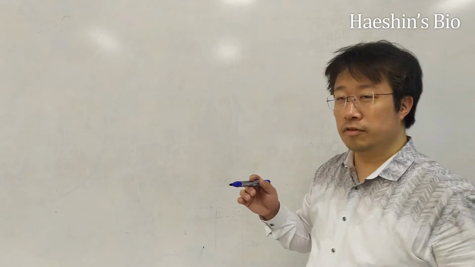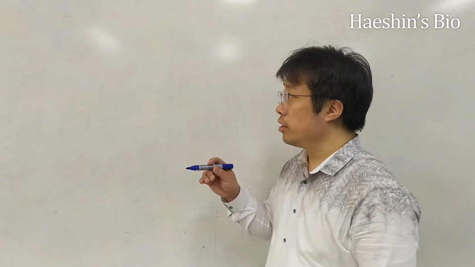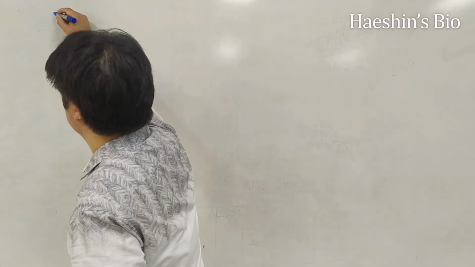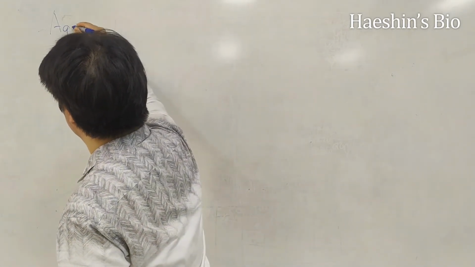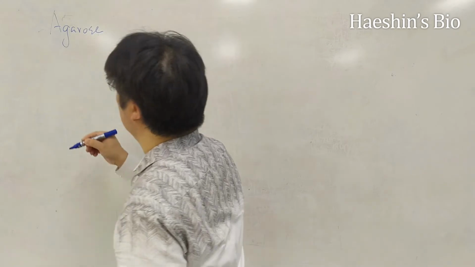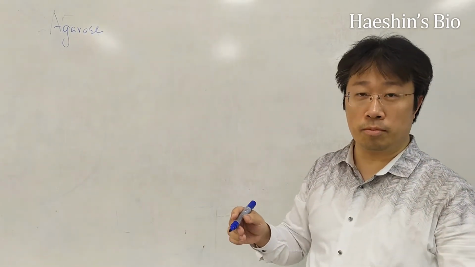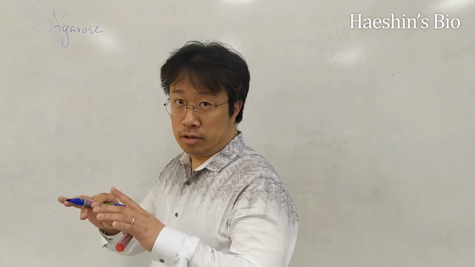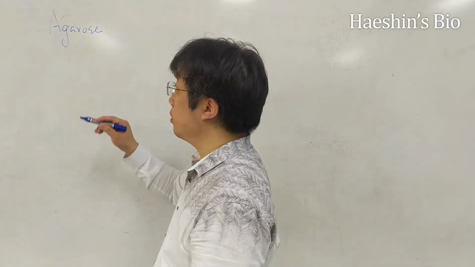Now we talk about a little bit different situation where, instead of a synthetic system, we talk about a natural system, which is agarose. Agarose is a polysaccharide. You can easily search the structure of agarose on Google.